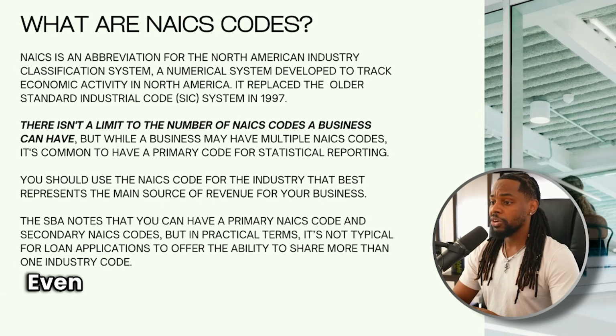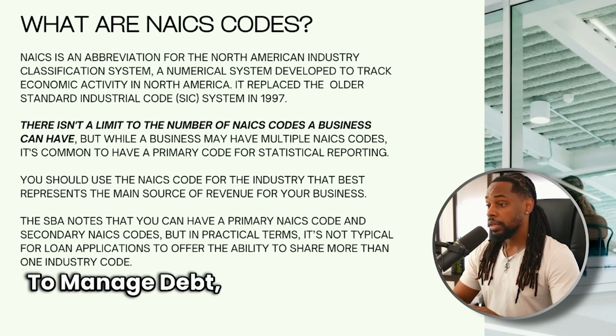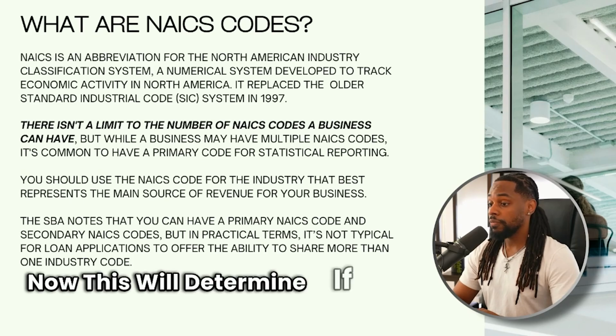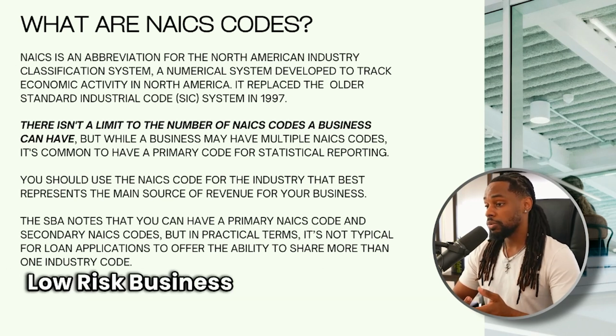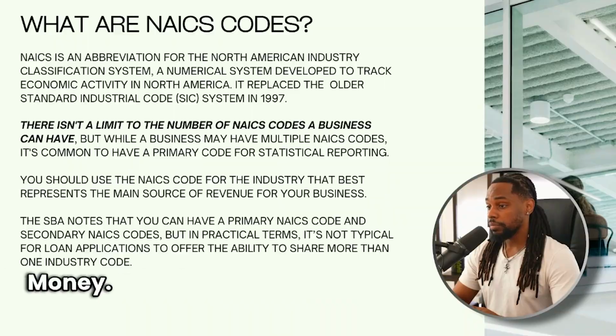Before a lender can even determine the likelihood of you paying them back or your ability to manage debt, the first thing they will check is your business industry. Now, this will determine if your business is high risk, and if you're someone that they would want to lend money to, or if you're a low-risk business owner and they would like to lend you money.